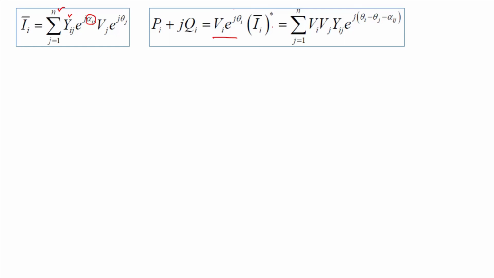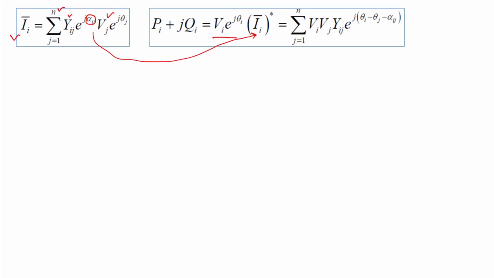And similarly Ii is a complex quantity, the conjugate of that. So I can write it in terms of the admittance matrix and voltage, right? So then just substituting this in this equation, I can get this.